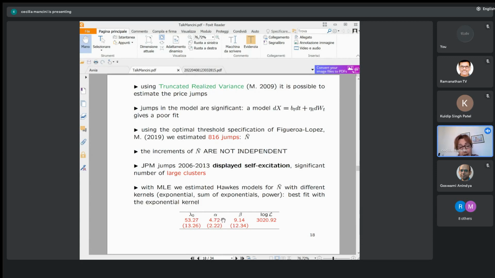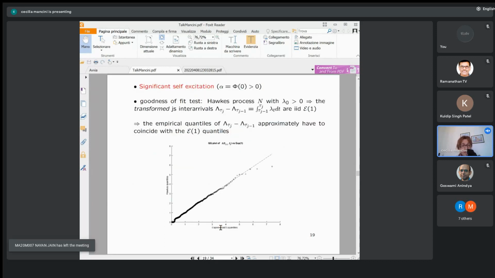In particular, we found alpha significantly different from 0, so self-excitation is present and is needed to explain the behavior of the jumps of JP Morgan asset prices. A goodness of fit test is done using the property of the transformed integral of the intensity.